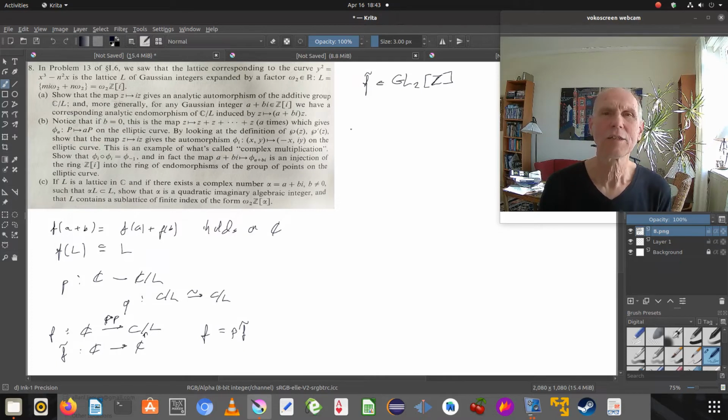Now it has to have an inverse, so it must have determinant 1 or minus 1 to be able to have an inverse. I guess that's GL2 of Z. So I think that that's the automorphism group.